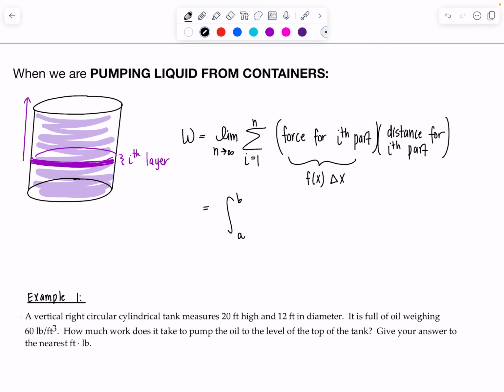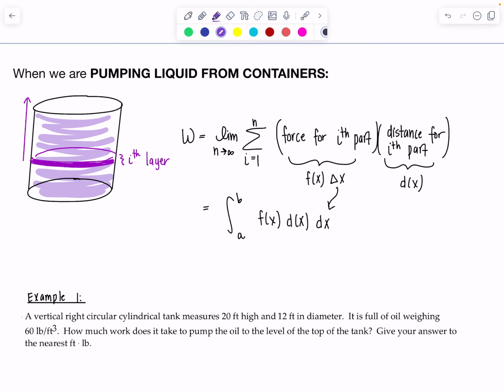You'll see why. The distance the ith part moves is going to be a function of x or y. You could do it either way. So then I'm going to have f of x, I have a d of x, distance that each layer moves, and then delta x becomes dx in the integral.